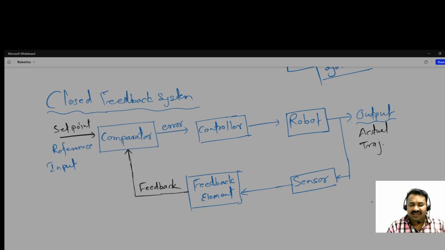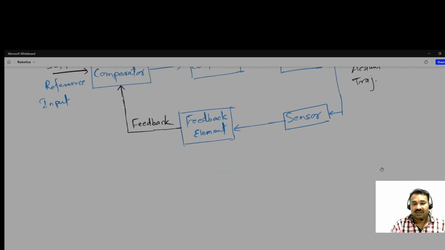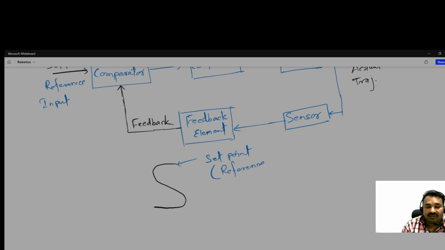Okay, so in this way, with the help of this, I have given the example of the S curve. This is the set point, but here it is better to write reference or the desired or required trajectory.